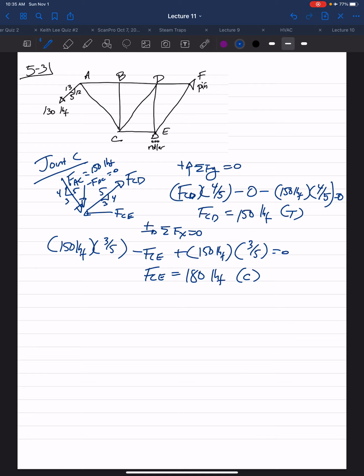So now if we go to joint D, so you see we're working from joint to joint, joint to joint. We have FDF, which is an unknown.